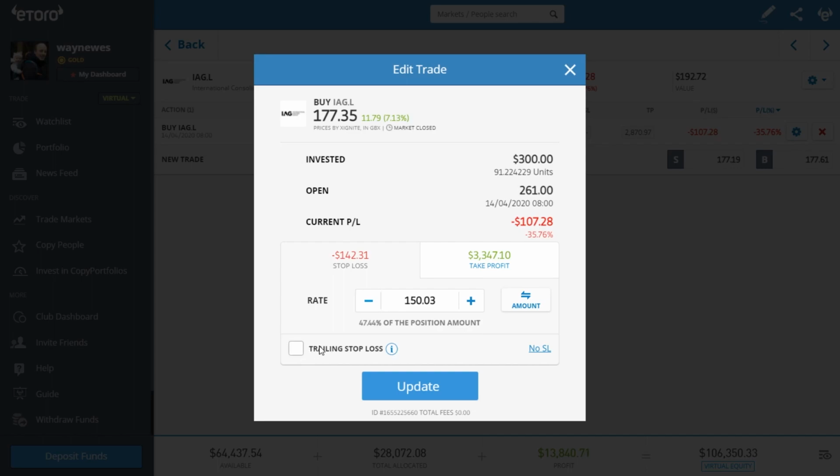We also have down here a trailing stop loss. Basically, we set our stop loss at 150 with a trailing stop loss. When the market opens again tomorrow morning, as this number goes up, so will this number. So if for example the IAG here went up by 20 points, my stop loss would go up by 20 points.